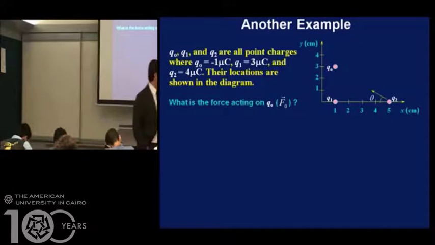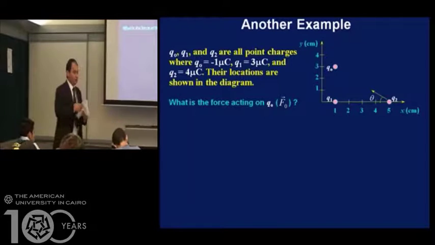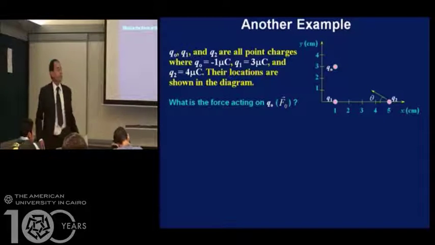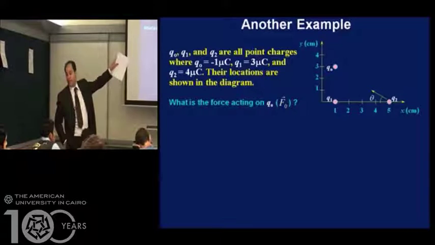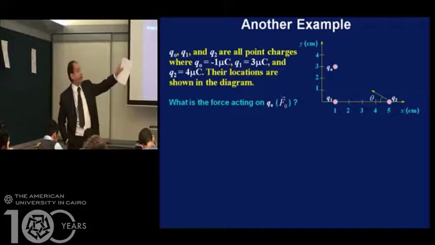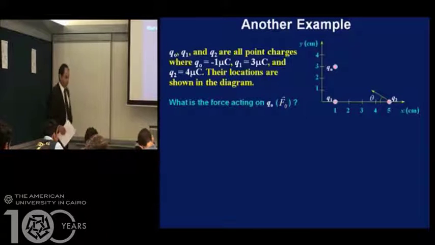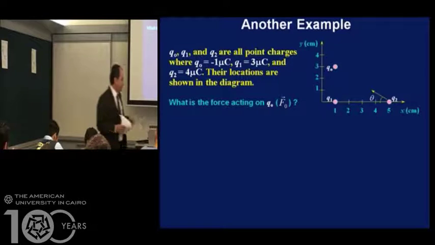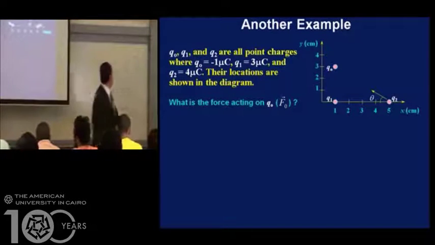Why do you have to get that? Because you need to write down the force F20 in vectorial form, so you can add it to F10. You need to apply that formula, but on Q0.